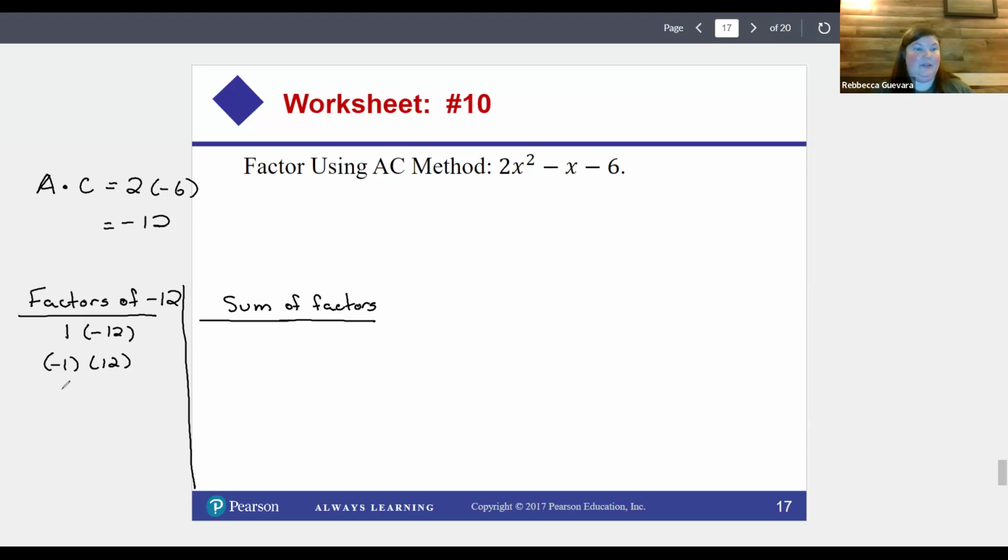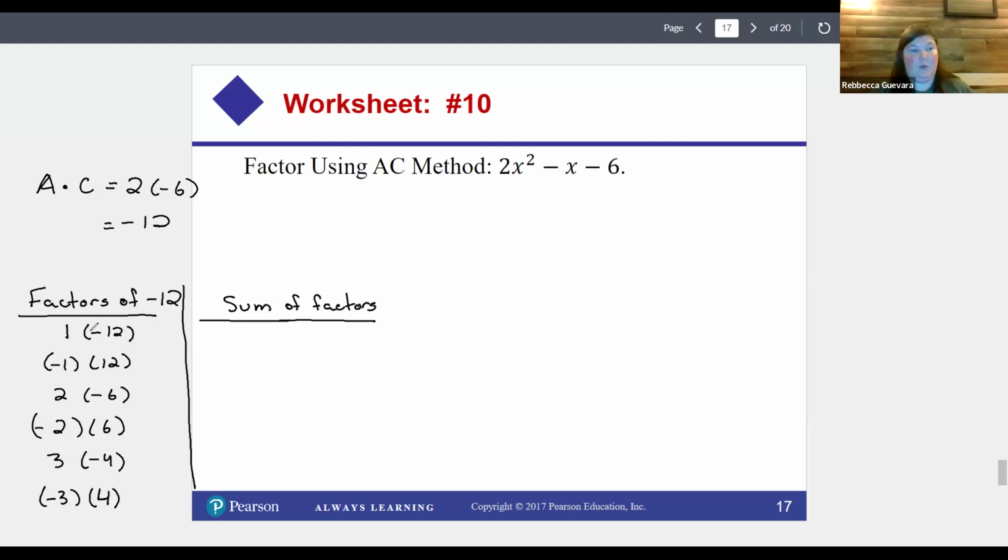And then we would have 2 and negative 6, negative 2 and 6. And then we would have 3 and negative 4 and negative 3 and positive 4.